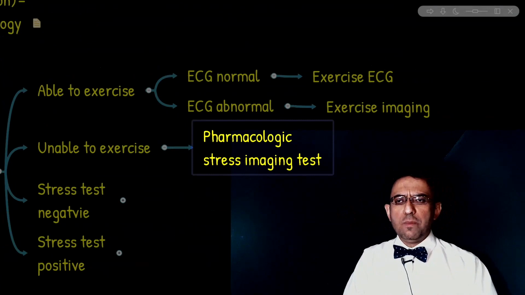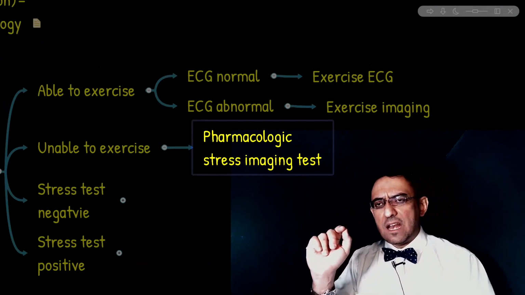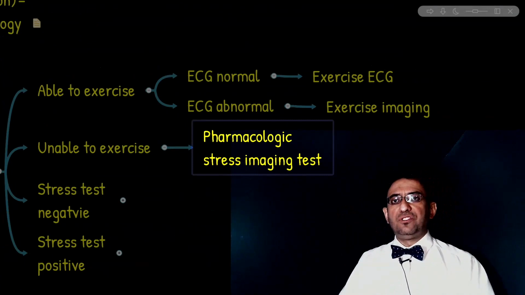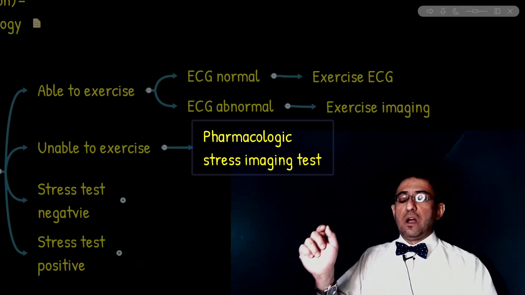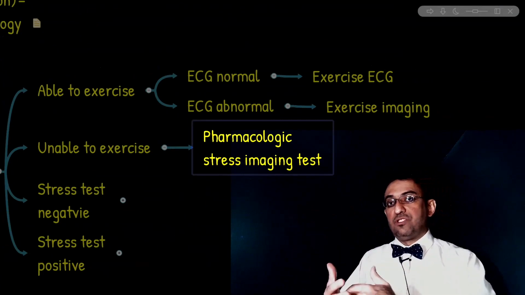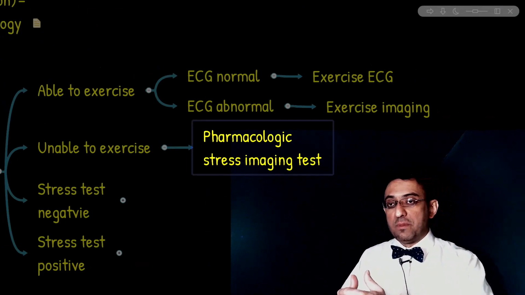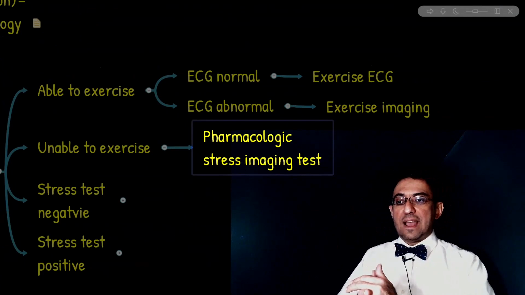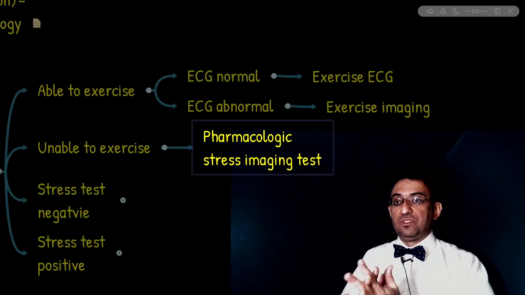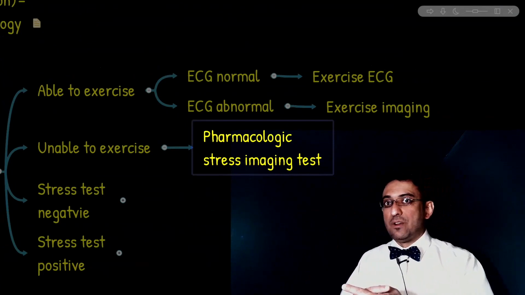Now, do you remember aortic stenosis is a specific contraindication to which one of these tests? Well, hypertrophic obstructive cardiomyopathy or any type of left ventricular outflow tract obstruction is a contraindication to dobutamine. Always remember that exercise stress is also contraindicated by presence of aortic stenosis.